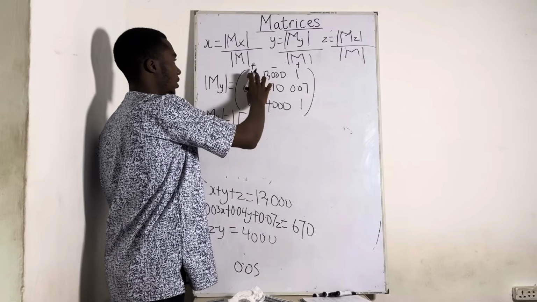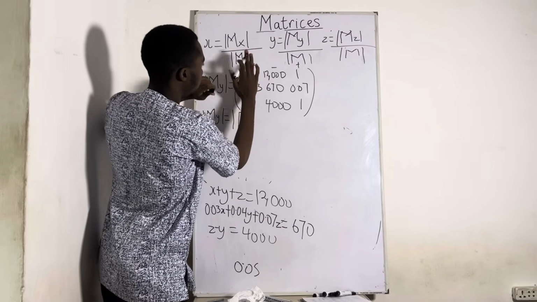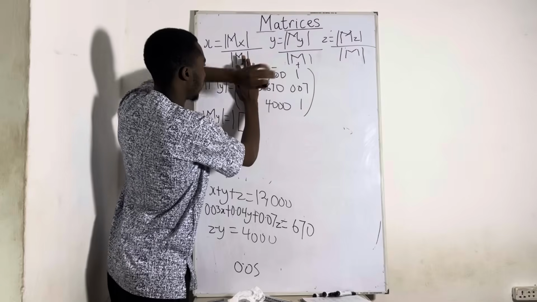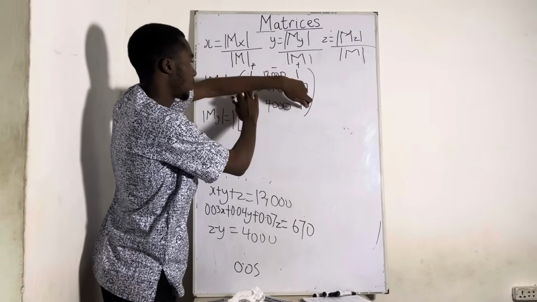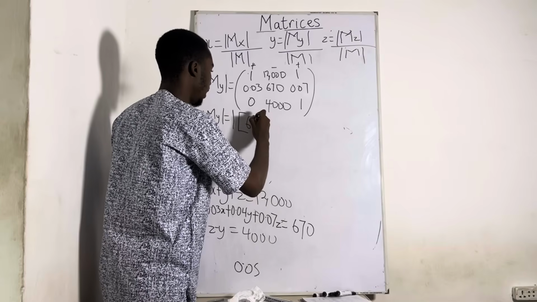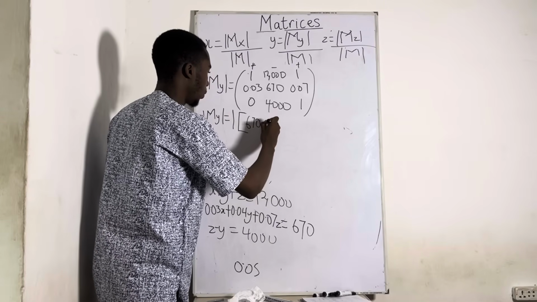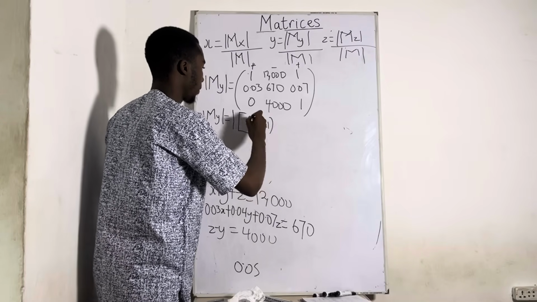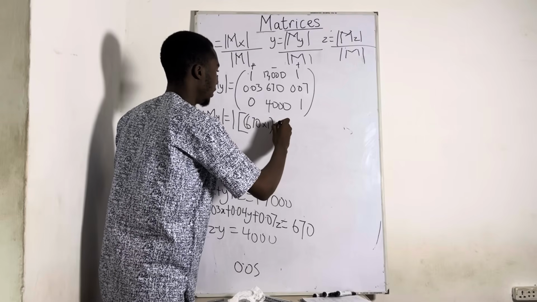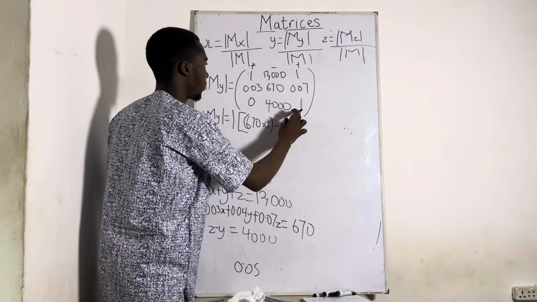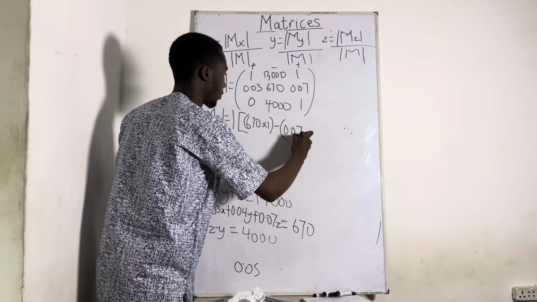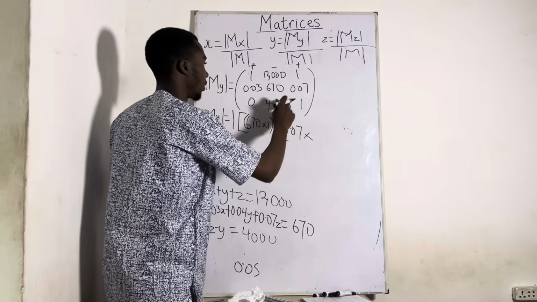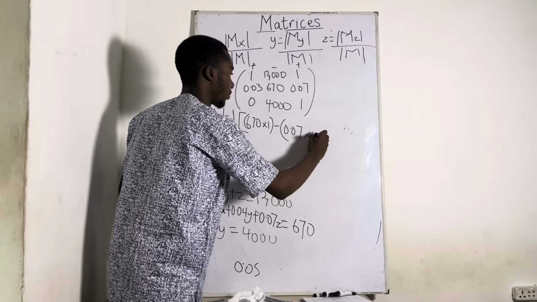So here you are going to cancel this part and this part. So this part and this part is going to cancel. There's going to be 670 times 1. So 670 times 1 minus into brackets 0.07 times 4,000.